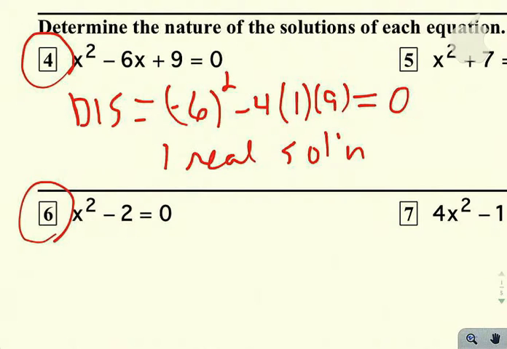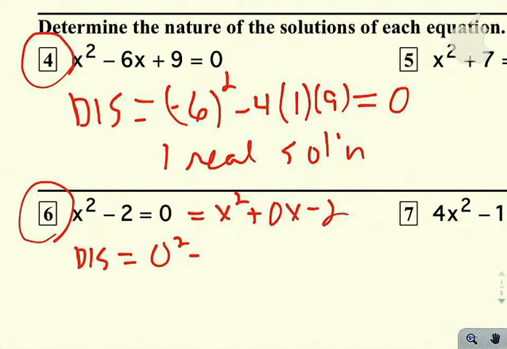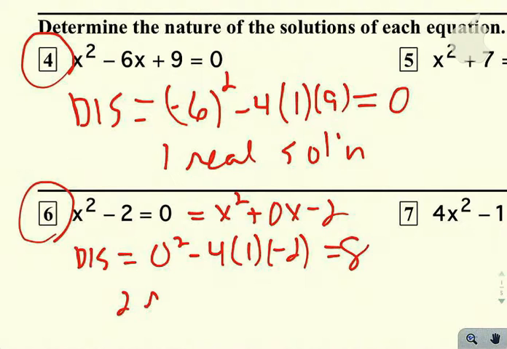In number 6, this is like x squared plus 0x minus 2. So a is 1, b is 0, and c is negative 2. The discriminant then would be 0 squared minus 4 times 1 times negative 2, which would be 8. Therefore, we would have 2 real solutions.